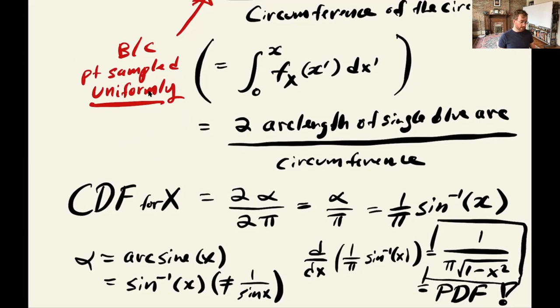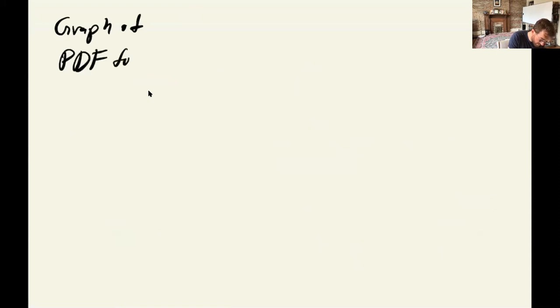We'll talk a little bit more about this, but I want to note one thing, which is, how is this distributed? Well, what is the graph of the PDF for x?